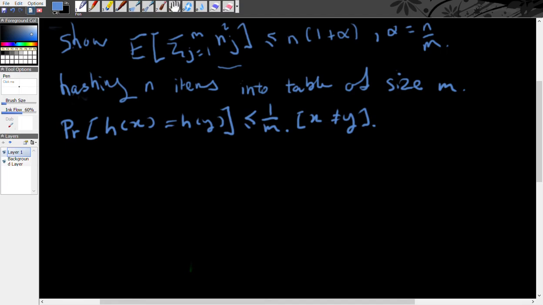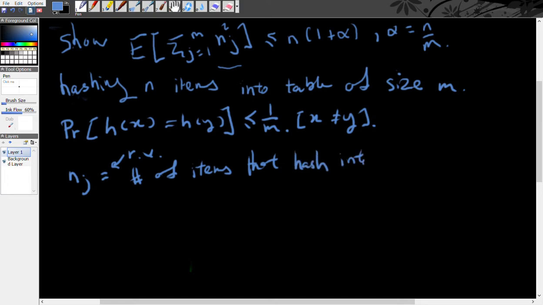So n_j is the random variable that counts the number of items that hash into slot j.